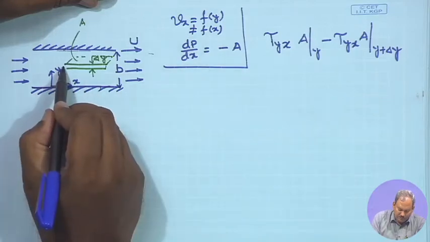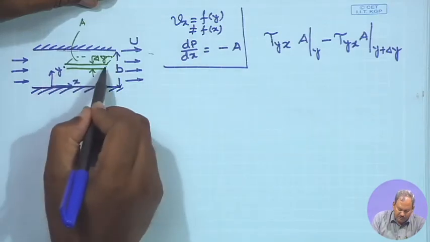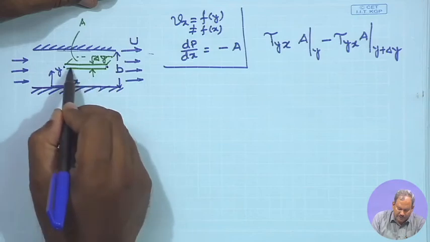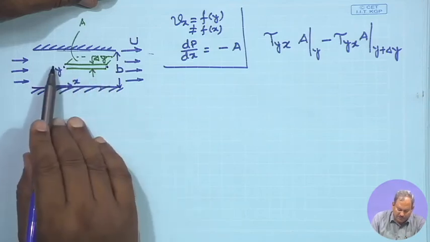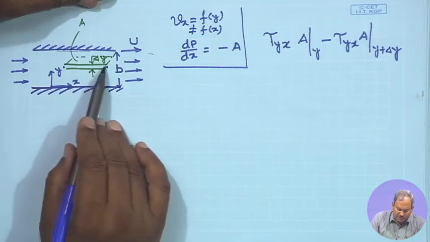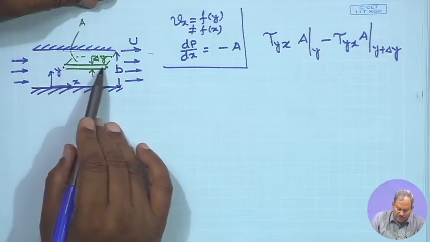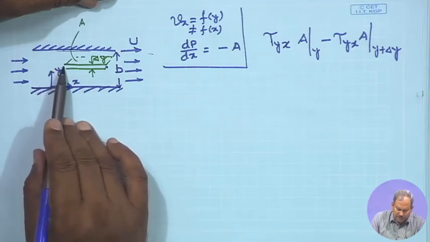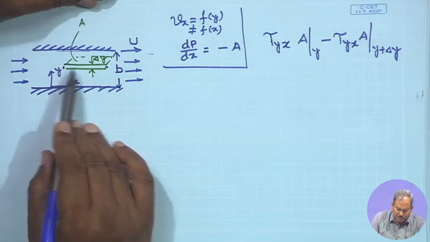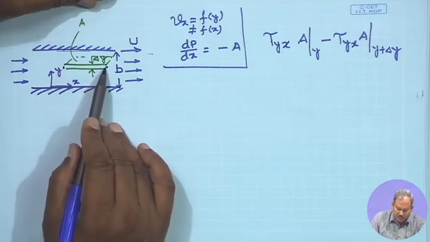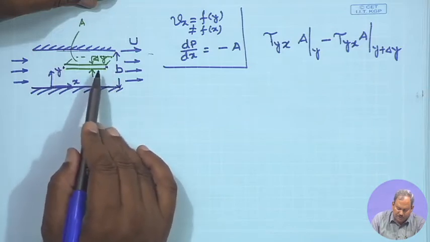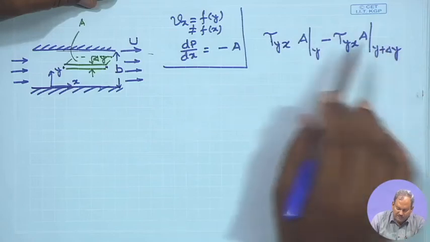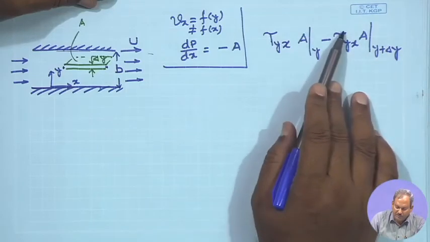So, whatever be the value of velocity at this point would be equal to the velocity of this point, and since it is an incompressible fluid, there would not be any accumulation of mass inside the control volume, and the rate of convective momentum in would be equal and opposite to the rate of convective momentum out. So, those two terms will cancel, and that is why I did not write them in here.